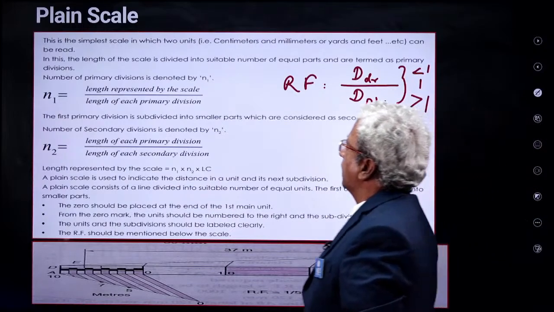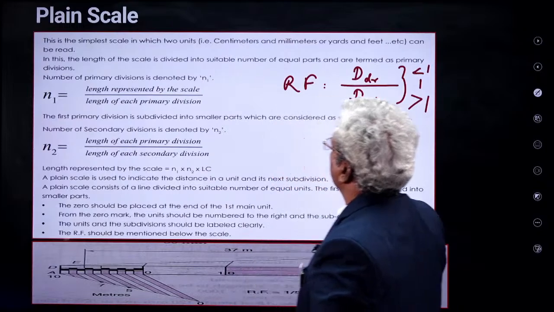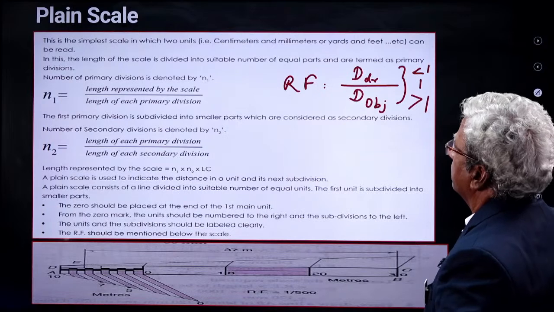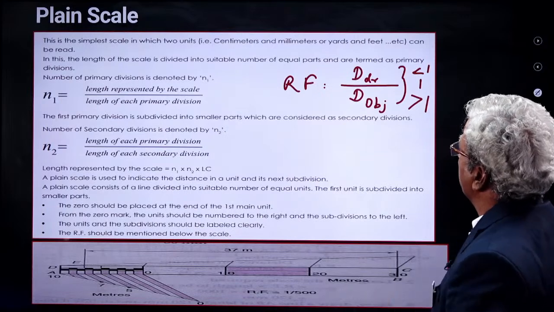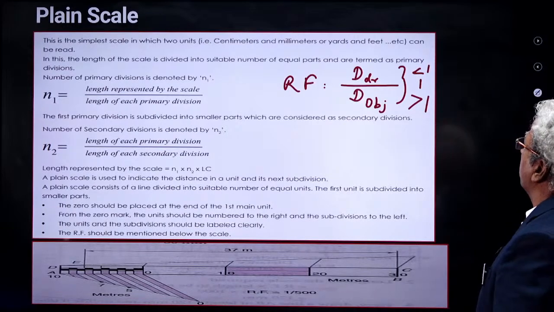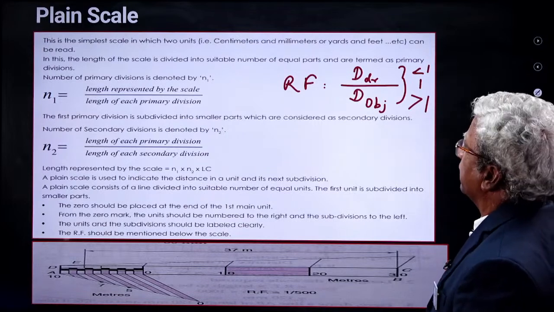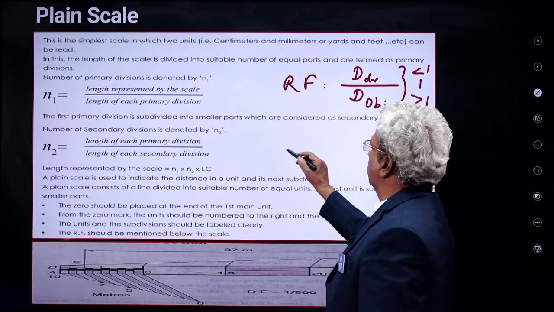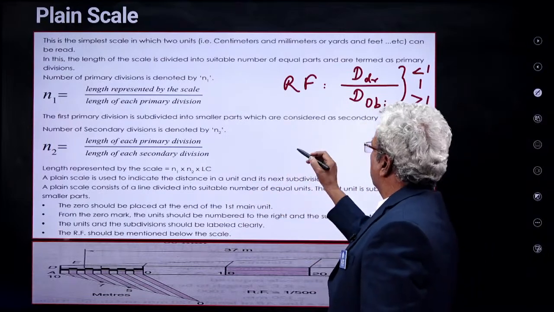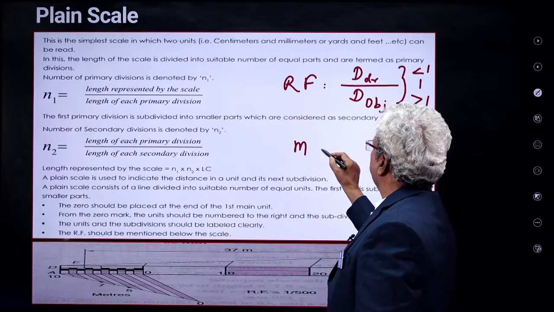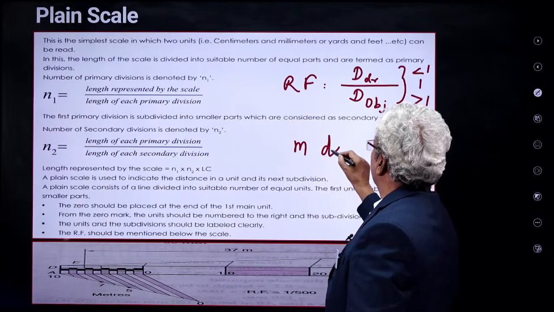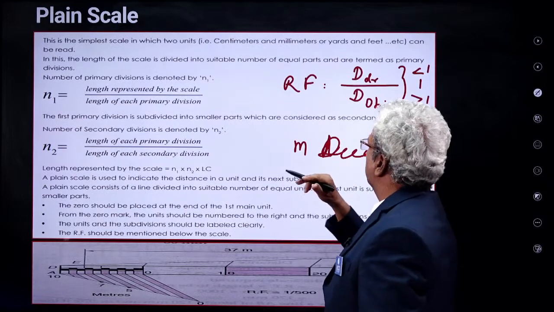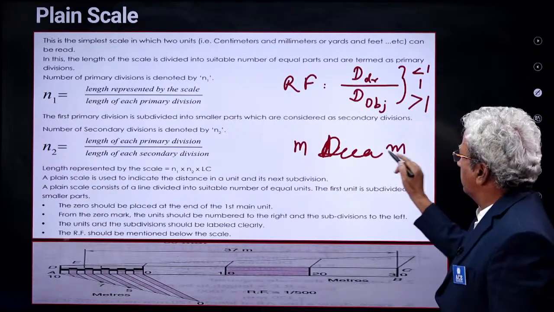Okay, now the simplest scale in 2 units, centimeters, millimeters, or yards and feet, etc., can be a plane scale suitable for number of equal parts, and are termed as primary divisions. Suppose, as I told you, sequential units, when you want to measure say meters and decameters, which is bigger one?